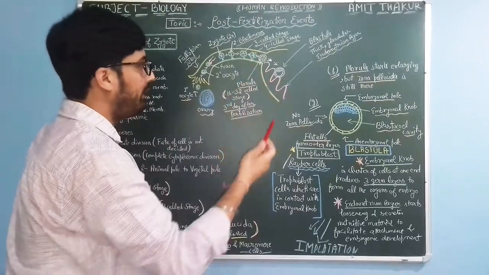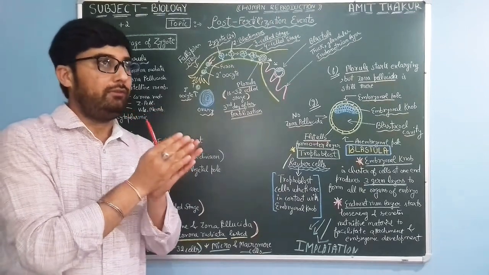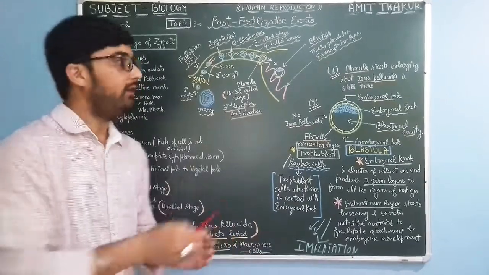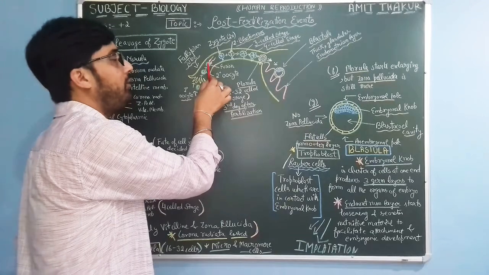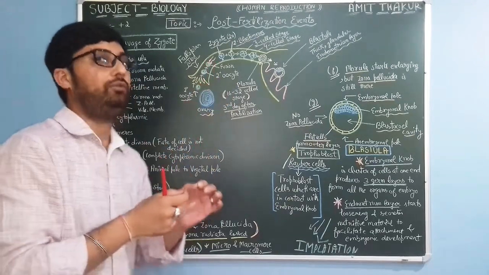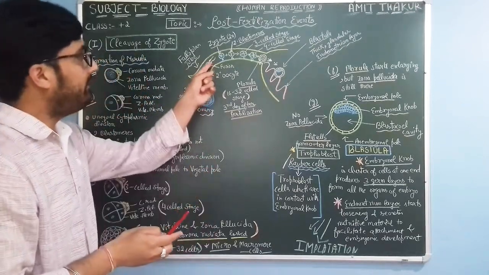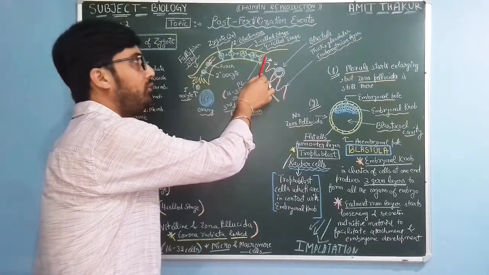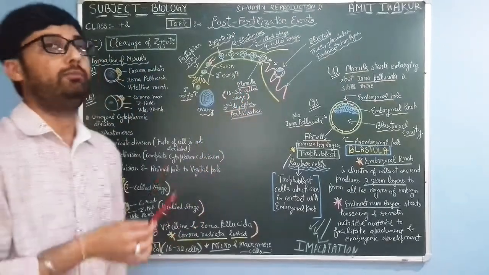Around 65 to 72 hours, or 3 days, after fertilization, the zygote changes into a 16 to 32 celled stage, which is known as morula.